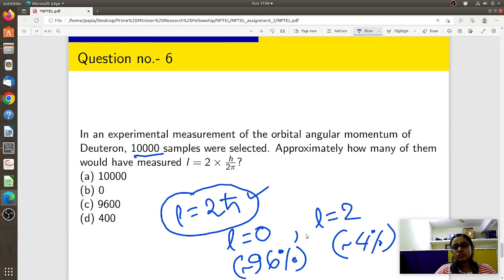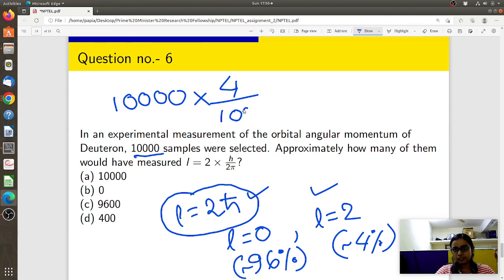So question number 6 is basically asking how many of our 10,000 samples will have the L equals 2 state. Since it has 4% contribution, among 10,000, how many would have L equals 2? That is 10,000 times 4 divided by 100.